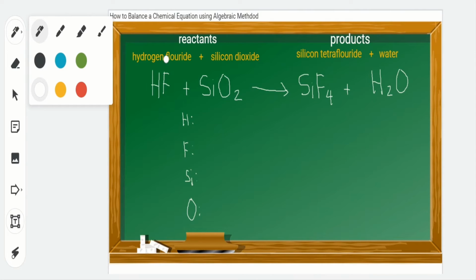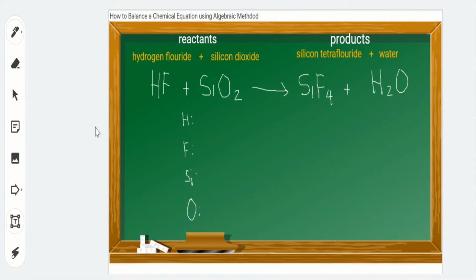This will be A, plus B. Yung arrow dito, ang ibig sabihin ng arrow dito, equal. Is equal to C, and of course, plus D.